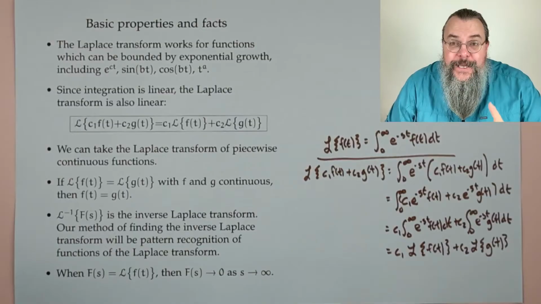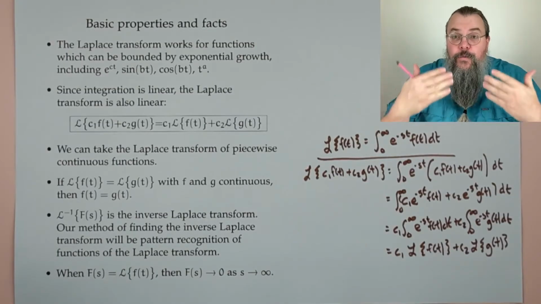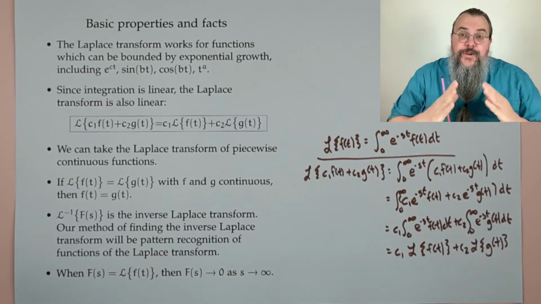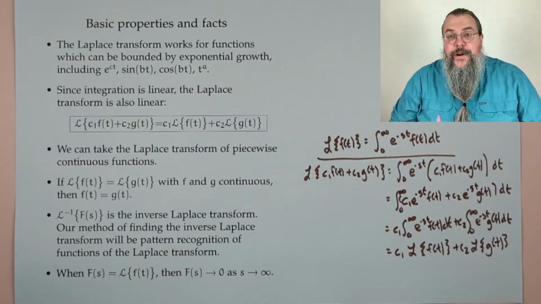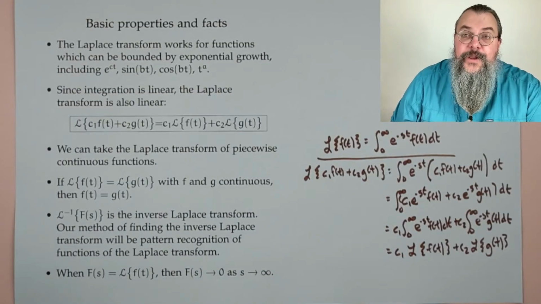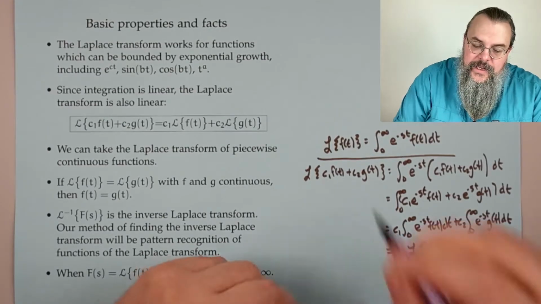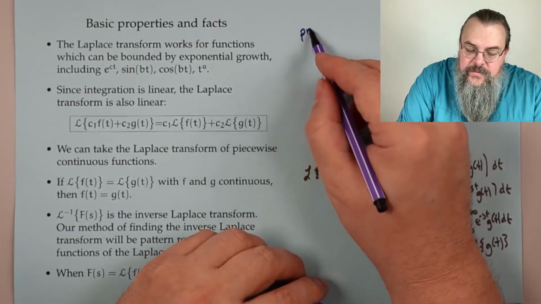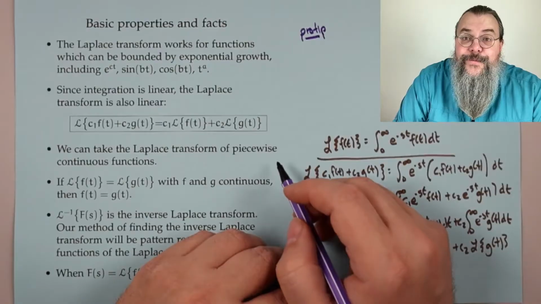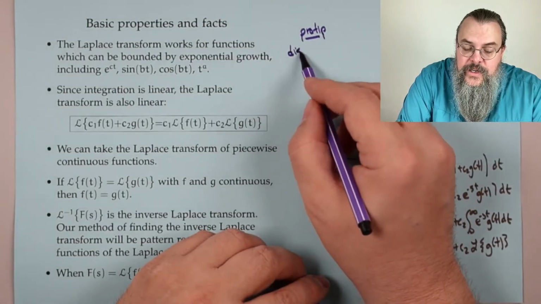Now, I want to leave with one more piece of advice before we start going into our rule building, our table building, if you will. We use s as our new variable. Inevitably, students run into a challenge with the letter s. And what is the challenge? Well, it turns out that a lot of people write their s's very similar to their 5's. So, know how to distinguish the two.